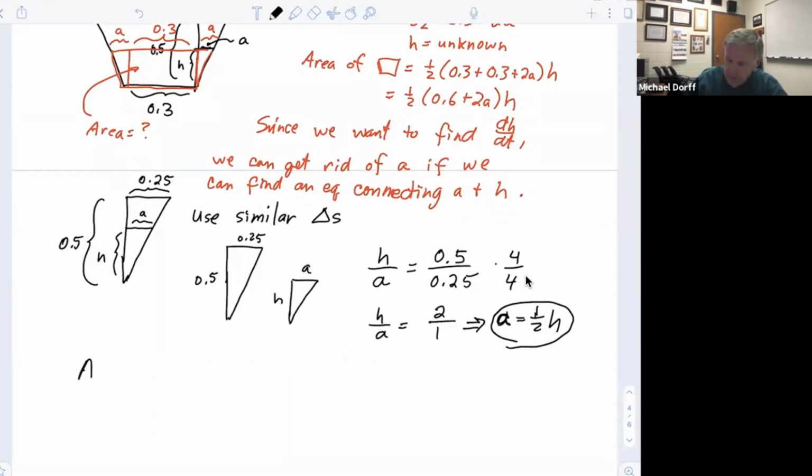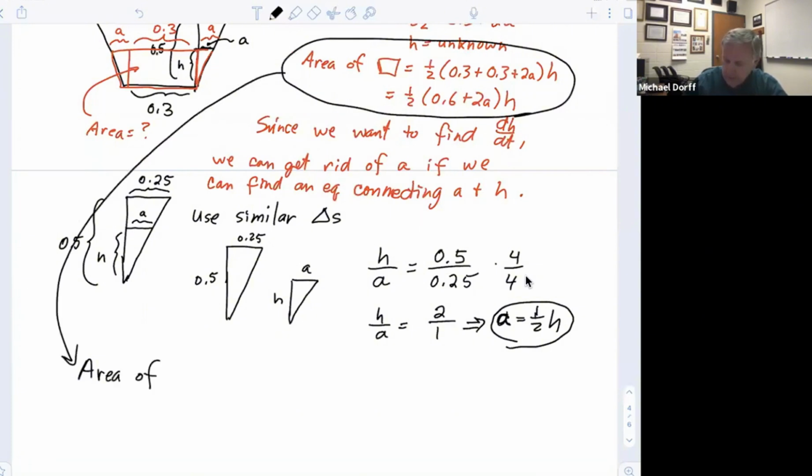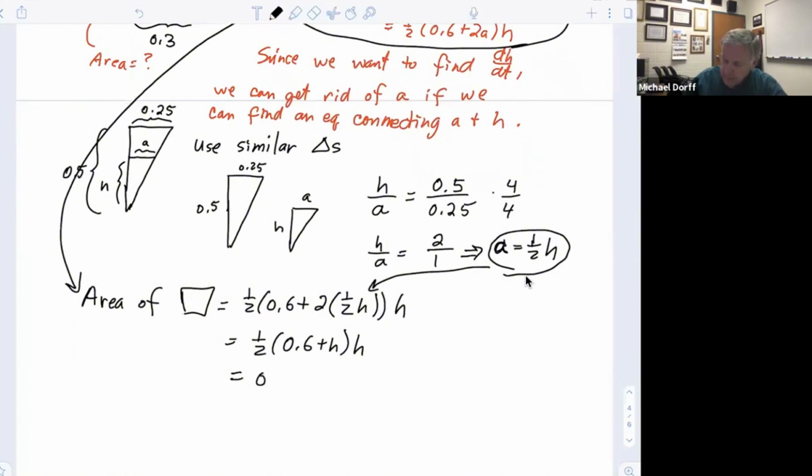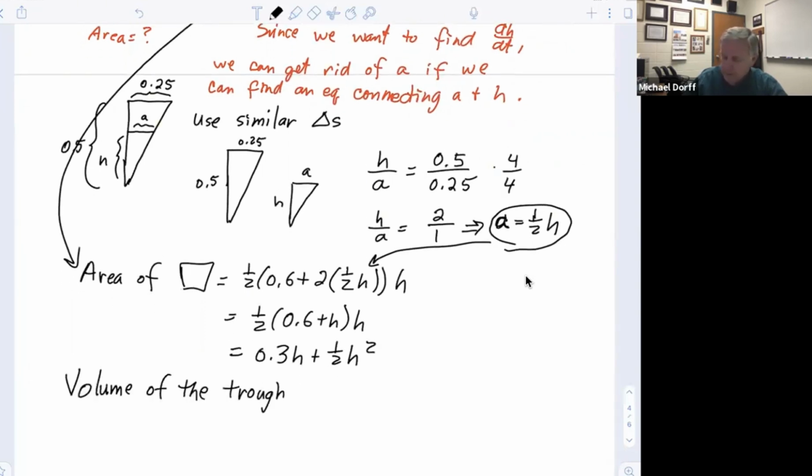So going back to where we were up here, the area of the trapezoid is 1/2 times (0.6 plus 2 times a), but a we see from here is 1/2 h, all times h. And so we then get 1/2 times (0.6 plus a) times h, or I can write this as 0.3 h plus 1/2 h squared.